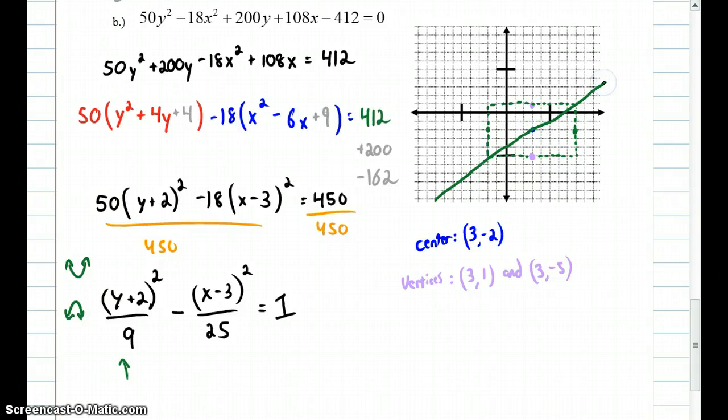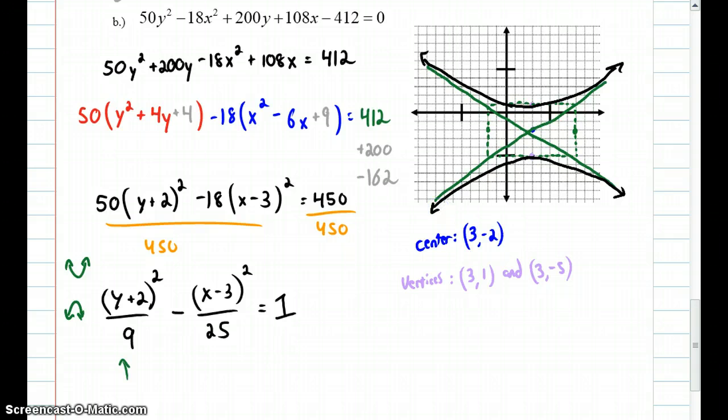This isn't part of the hyperbola, but it's a very useful tool so that I can see what the hyperbola looks like. Because now that I have the asymptotes, my hyperbola is going to hug those asymptotes and go through the vertex and back up. This is the graph of the hyperbola.